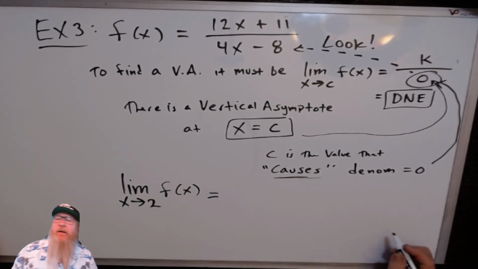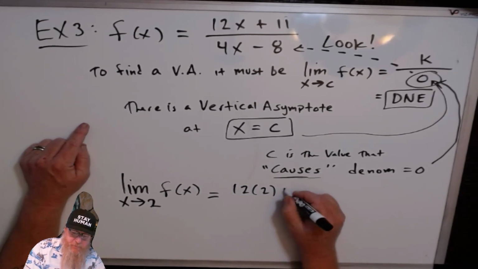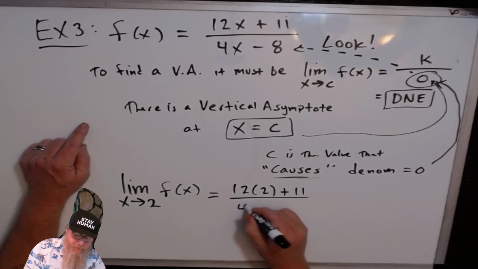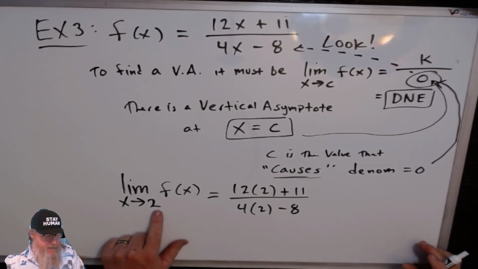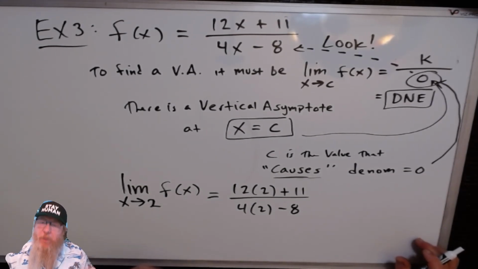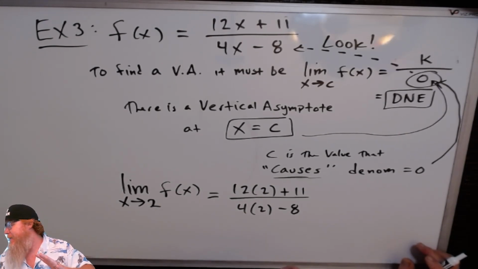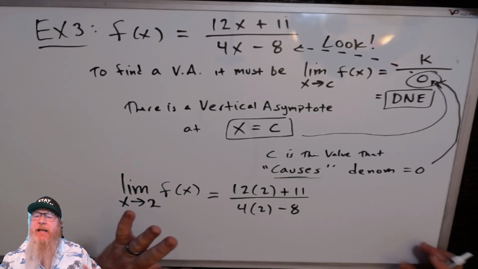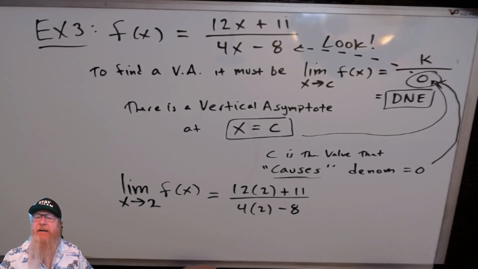All right, let's go ahead and do that limit. 12 times 2 plus 11 over 4 times 2 minus 8. Notice this is not a limit at infinity. This is a limit approaching 2. I could get more into the details later in this lesson about whether I'm approaching it from the left or from the right.